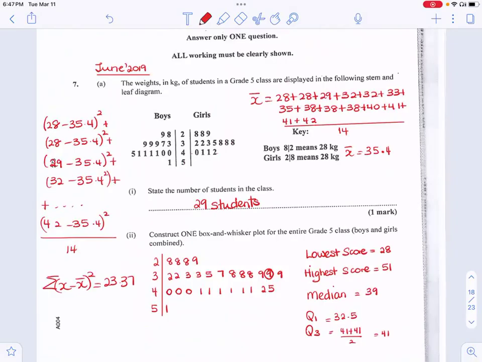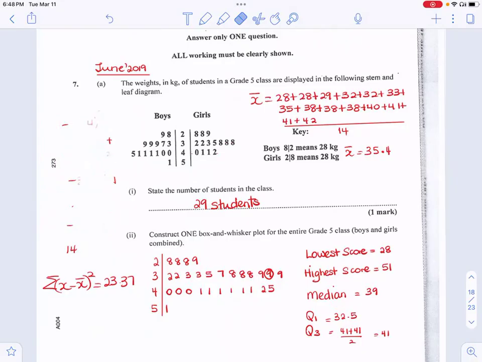So think about it. What does the question want us to do?